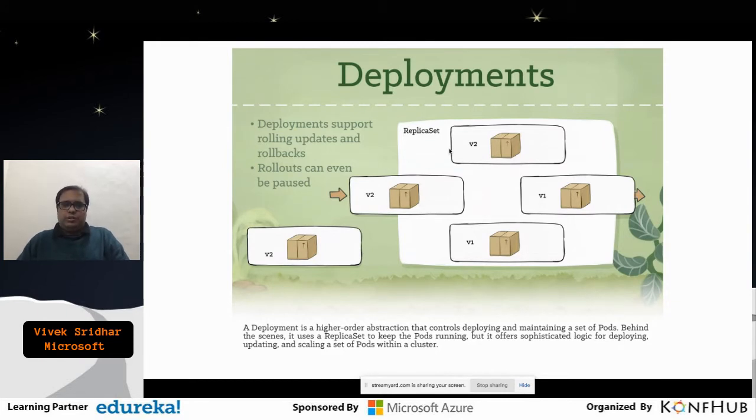It makes sure that you have version 1 running on 4 to 5 nodes, or on the same node, but when version 2 is coming, it kills each of those pods once version 2 is loaded and works successfully. And even version 1 doesn't just go off. It's basically paused, or there's a cooling off period, so it cools off and then it dies.